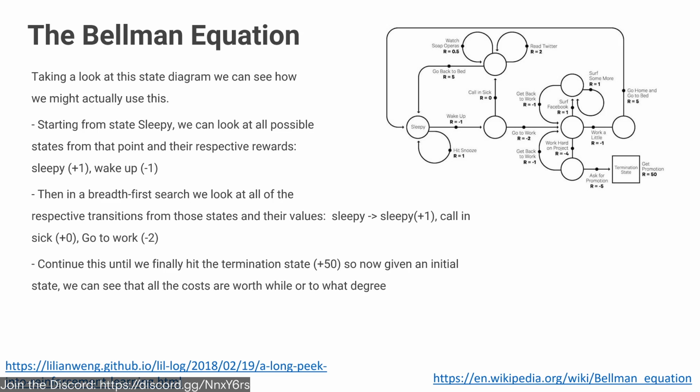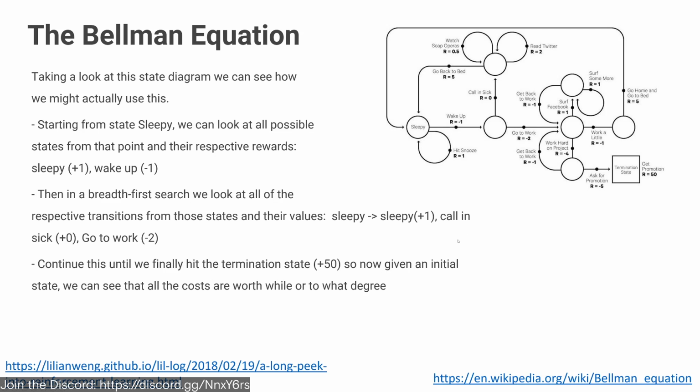So what kind of stochastic policy distribution, and what kind of transition distribution do you need to actually hit the termination state versus just ending up in this infinite loop of going home and going to bed and hitting snooze or waking up forever?